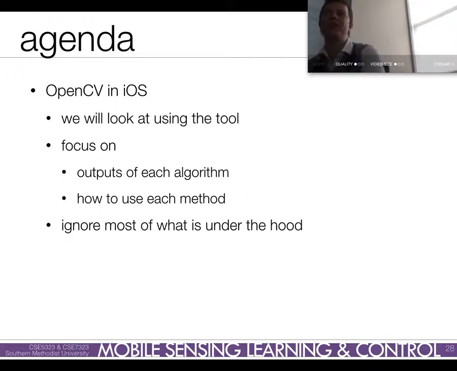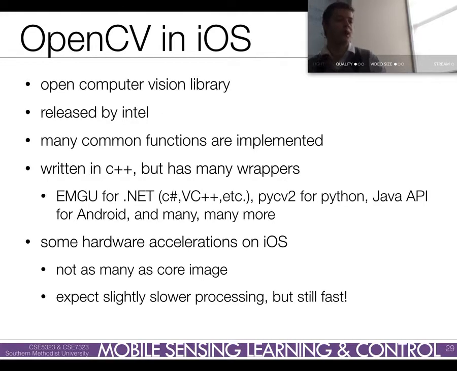By the end of this lecture, I would expect you to be able to use X, Y, and Z algorithms, but not explain in detail those algorithms, because that would take an entire semester. There are courses devoted to computer vision. We're just going to be using them in a mobile context, and that's what this course is about.